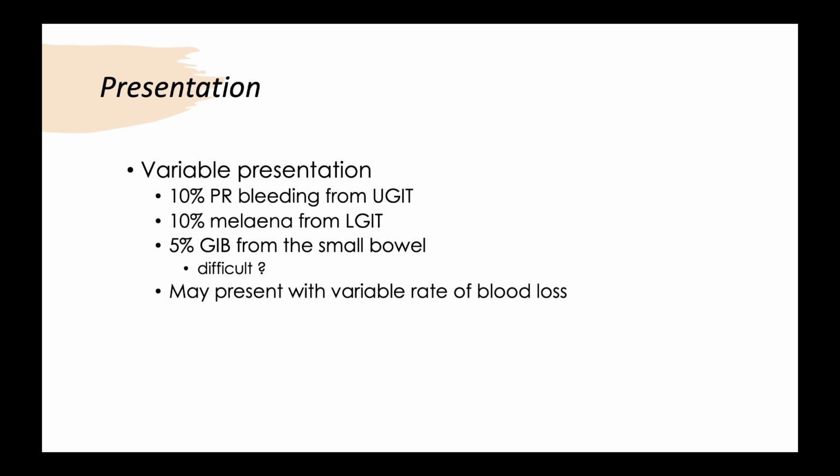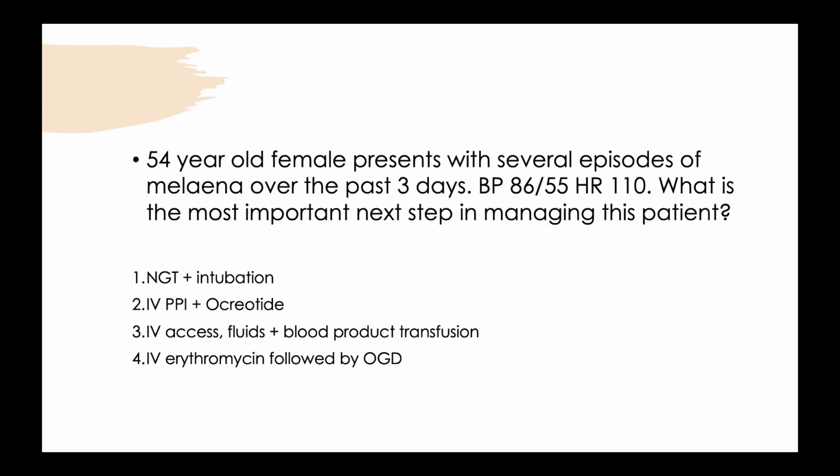As well as this, 5% of GI bleeding is from the small bowel, which sometimes is very difficult to distinguish. And obviously, the main thing is to figure out exactly how much and how fast the patient is actually losing blood.